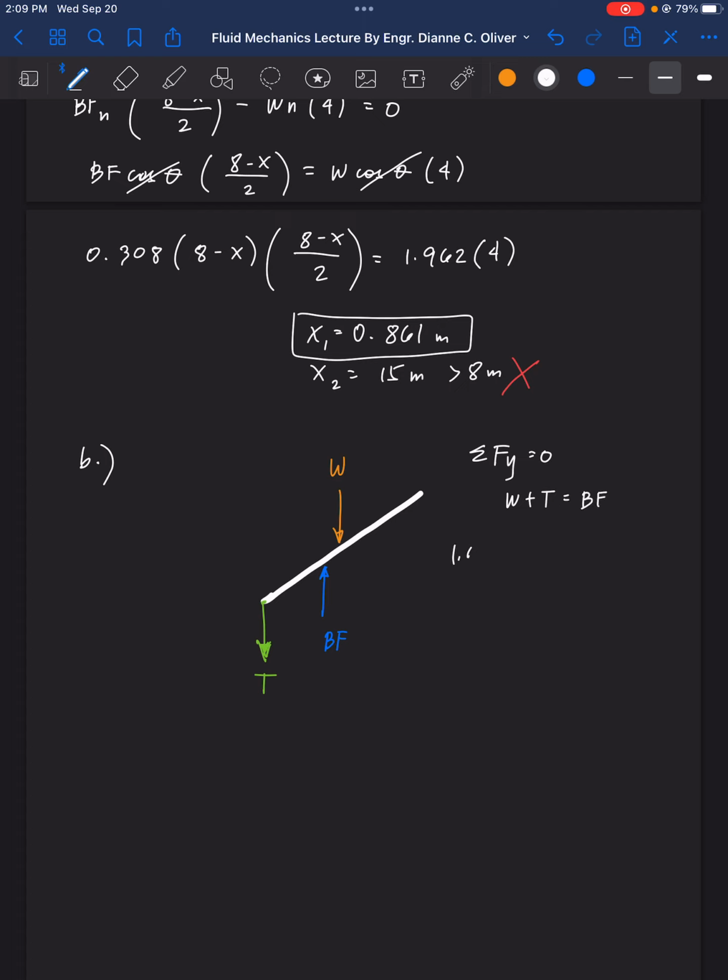W is 1.962 plus tension equals 0.308 times 8 minus 0.86. So tension now is equal to 0.24 kilonewton. So that's for number 5.